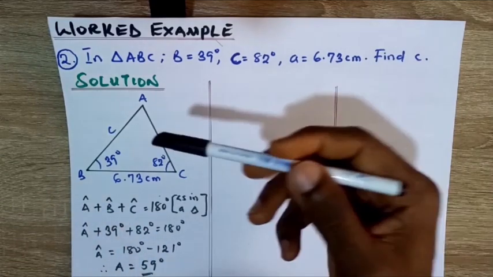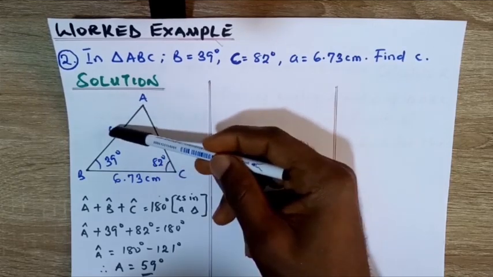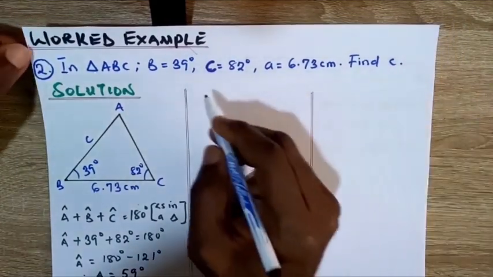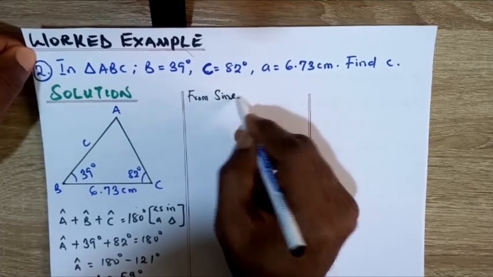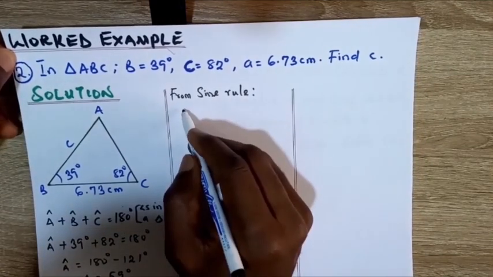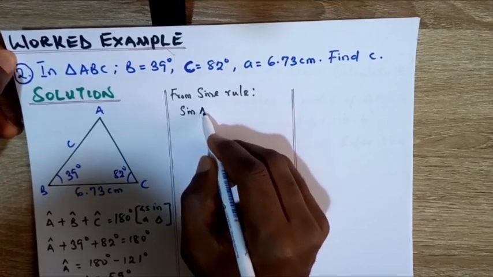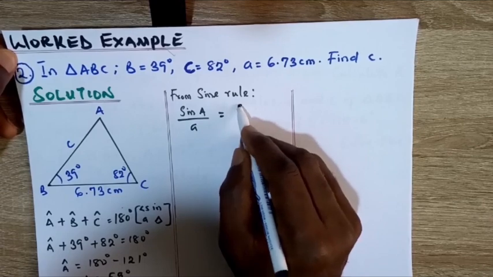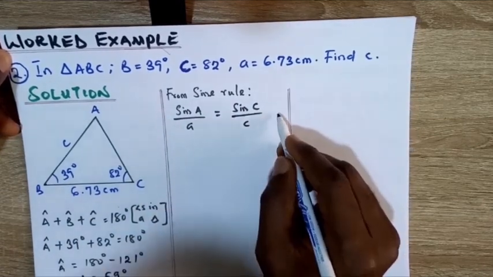So having gotten the angle at A now as 59 degrees, we can use our sine rule to relate the side a and angle at A with what? Side c and the angle at C. So from the sine rule or sine formula, we now have that the sine of the angle at A divided by the corresponding side a is the same as the sine of the angle at C divided by the corresponding side c.